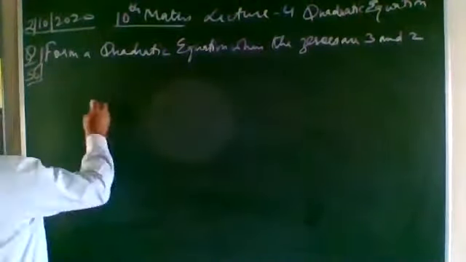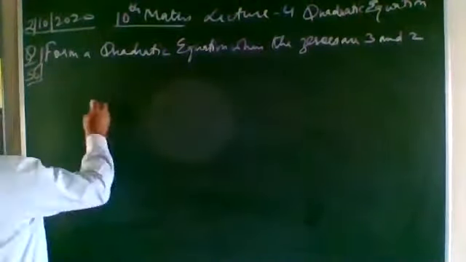So given zeros, given roots, here roots are given. Given roots are 3 and 2. So let alpha equal to 3 and beta equal to 2.